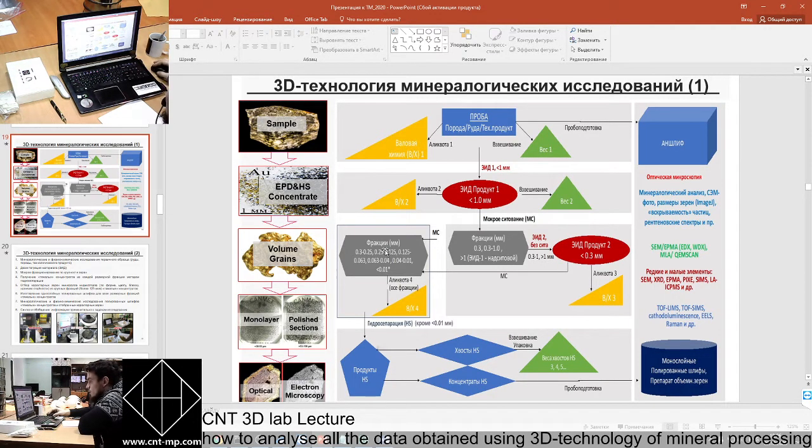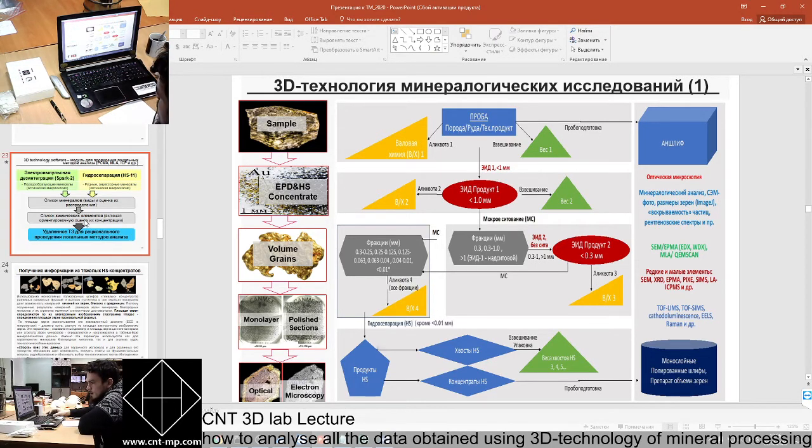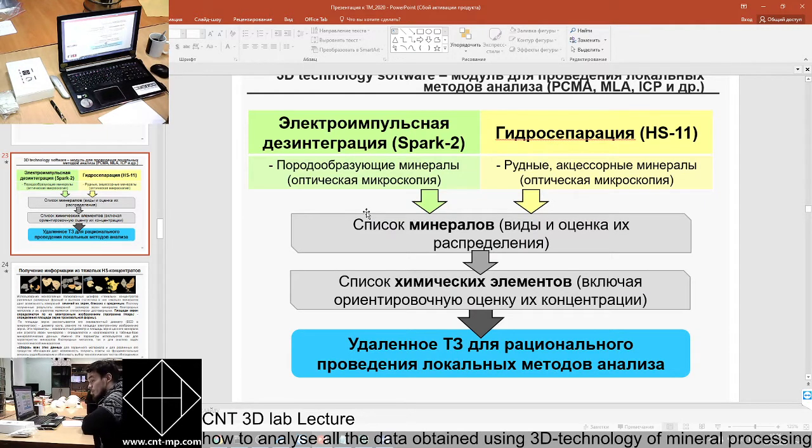You know this flow chart very well already. While we are using the EPD Spark 2 and hydro separation SHES 11, we already see and know which minerals the source sample consists of.